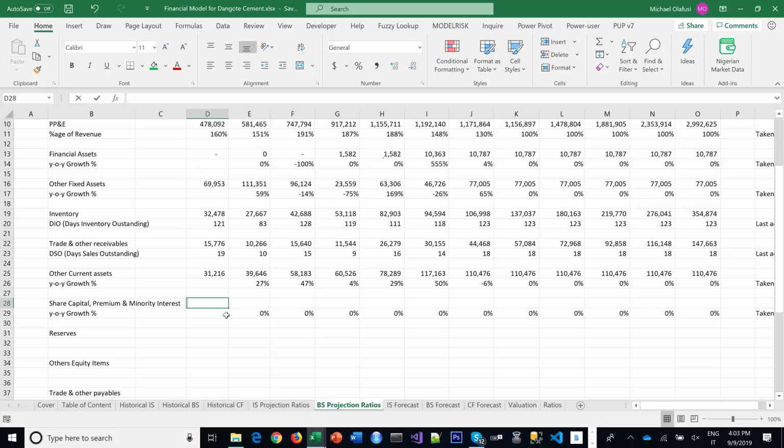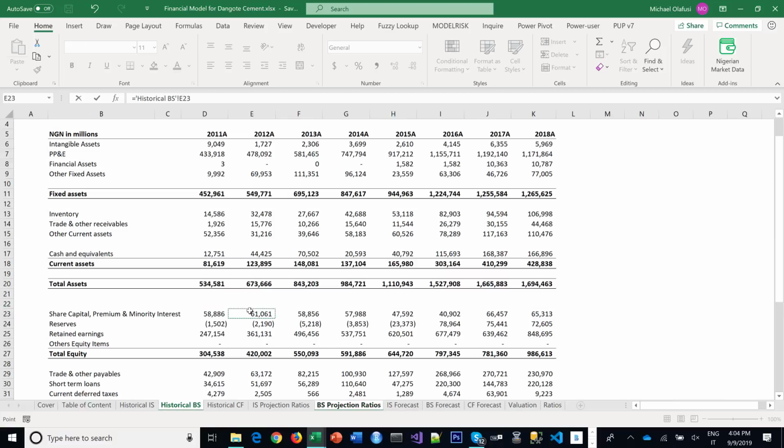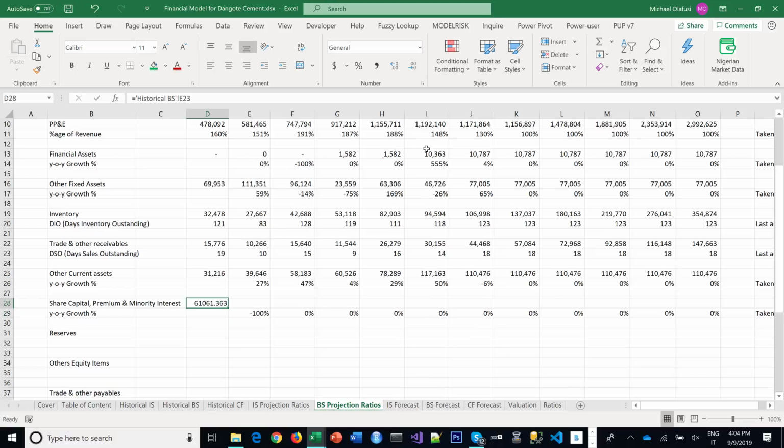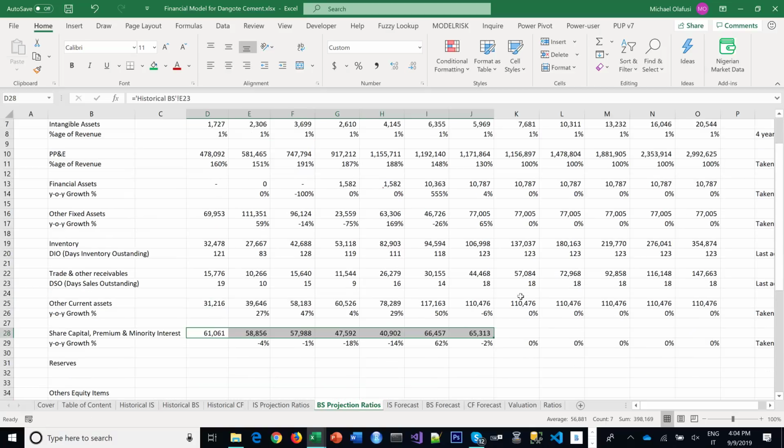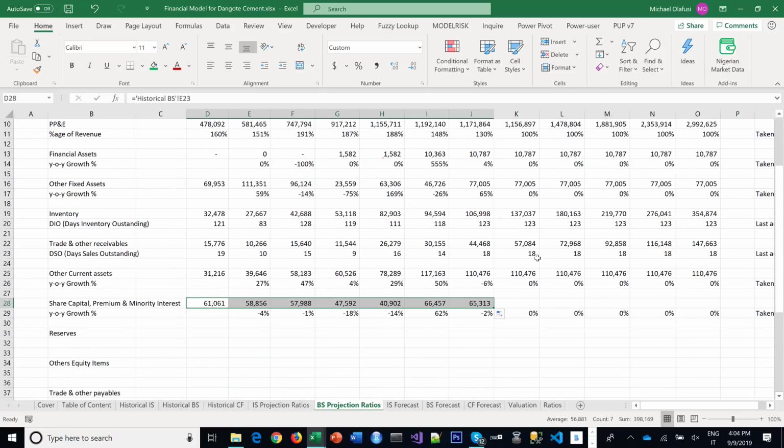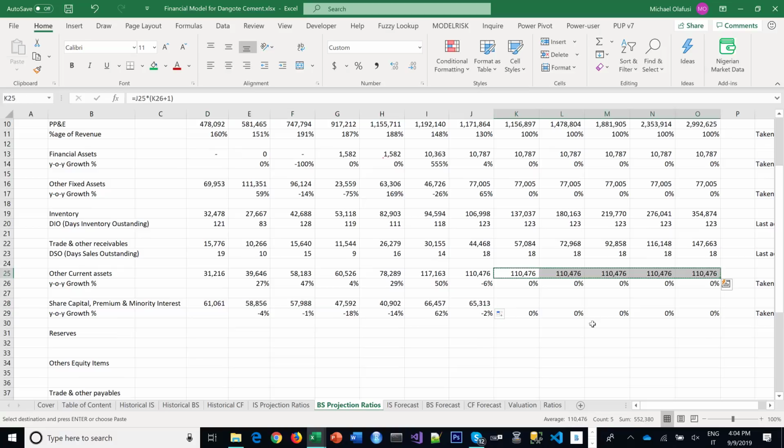But if I know they are planning to raise capital or buy back shares, then I can adjust into the future. So right now I pick the historical, and then forecast, and I can do the growth rate into the future.